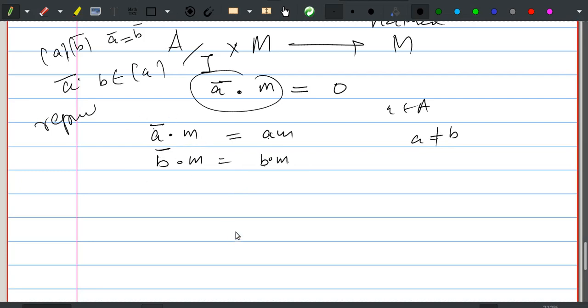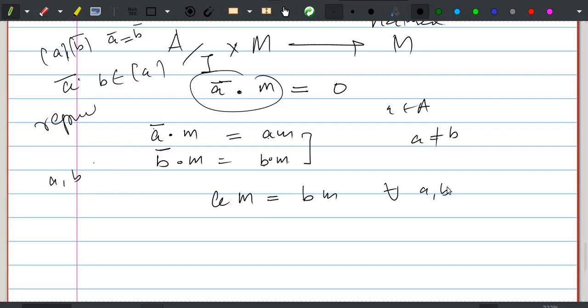But we want these two elements to be equal. So am must be equal to bm, where a and b are in the same equivalence class of A. So for all such a and b, this would imply a minus b times m must be equal to 0.